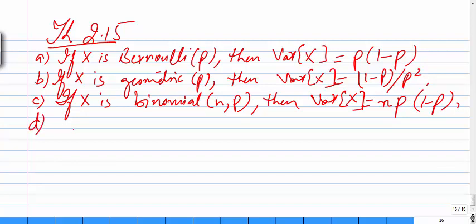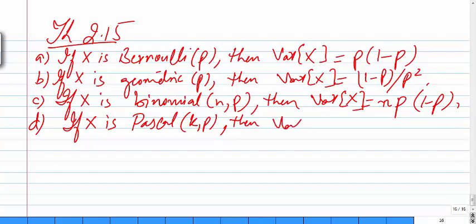Now d is, if x is Pascal k comma p, then variance of x is equal to k times 1 minus p divided by p square.